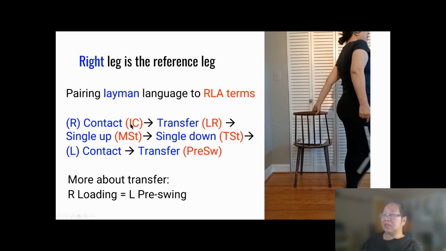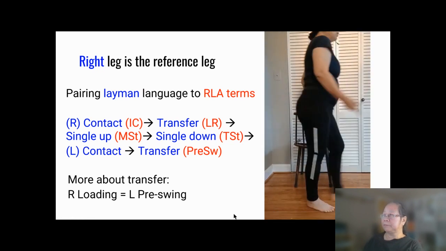So initial contact, loading response, mid stance, terminal stance, pre-swing are the Rancho Los Amigos terms. So let's focus on what I'm doing, and then I describe the gait phases.